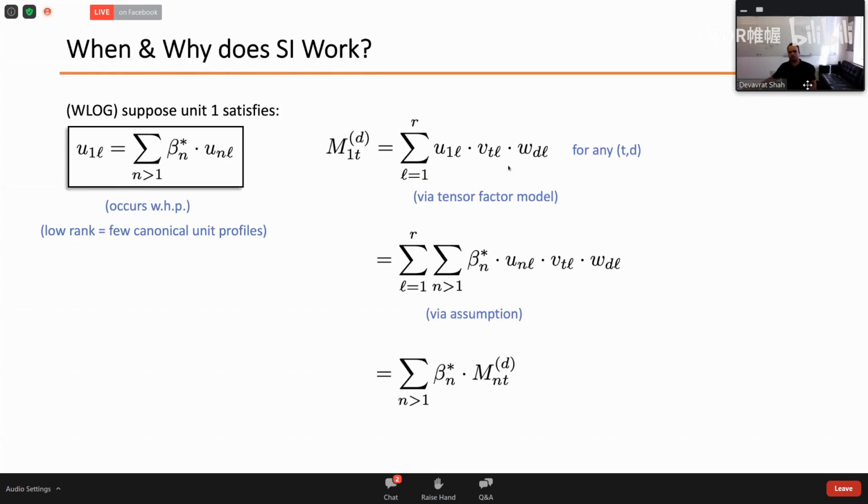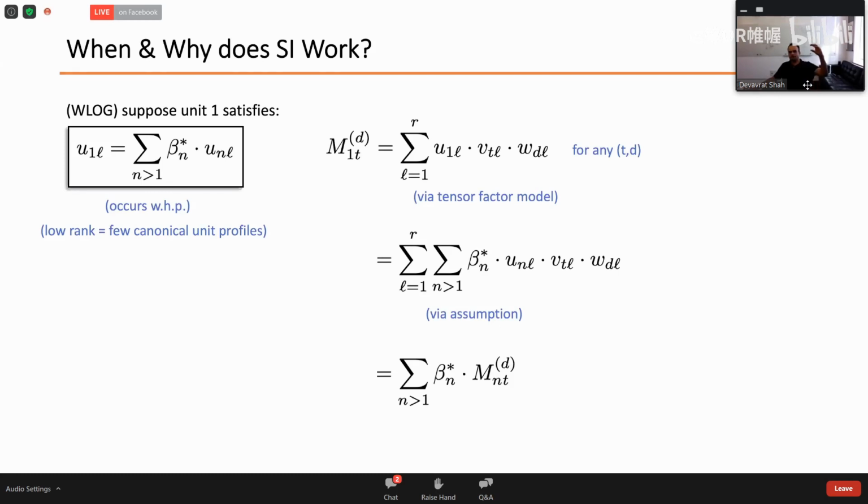Of course, because of this matrix or tensor form, it's nothing but a linear combination of observations in the N-th row at time t. So effectively what this says is that in the D-th matrix, the first row is a linear combination of all other rows with the same weights independent of D.